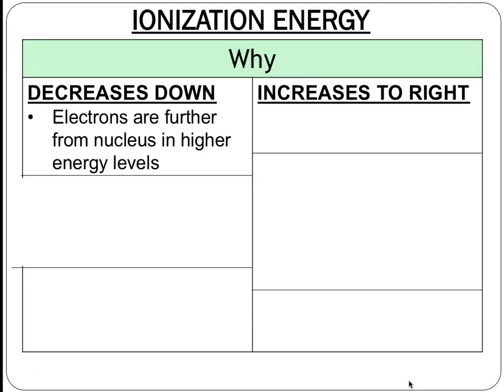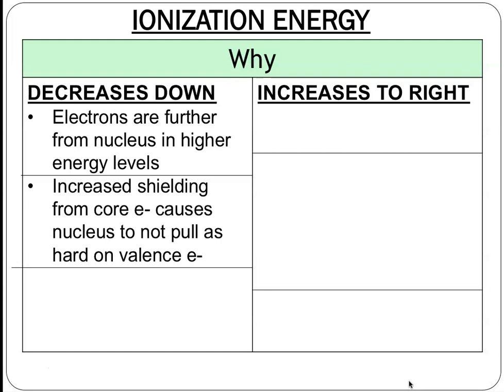So, down a group. Well, we know that the electrons are further from the nucleus in higher energy levels because the radius is getting larger as you go down a group. We're also going to have an increase in shielding as you go down the group.